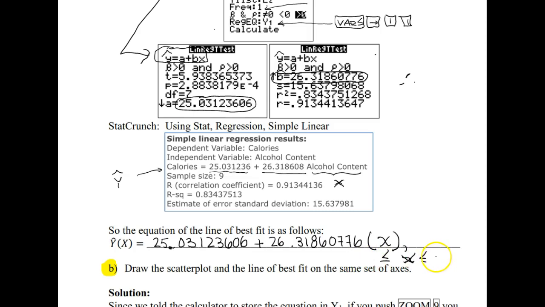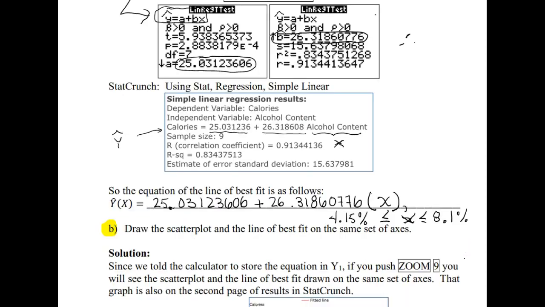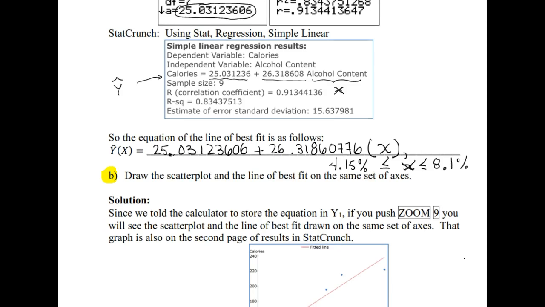If we go back to the list of data, we will see that the smallest alcohol content was 4.15%, and the highest was 8.1.